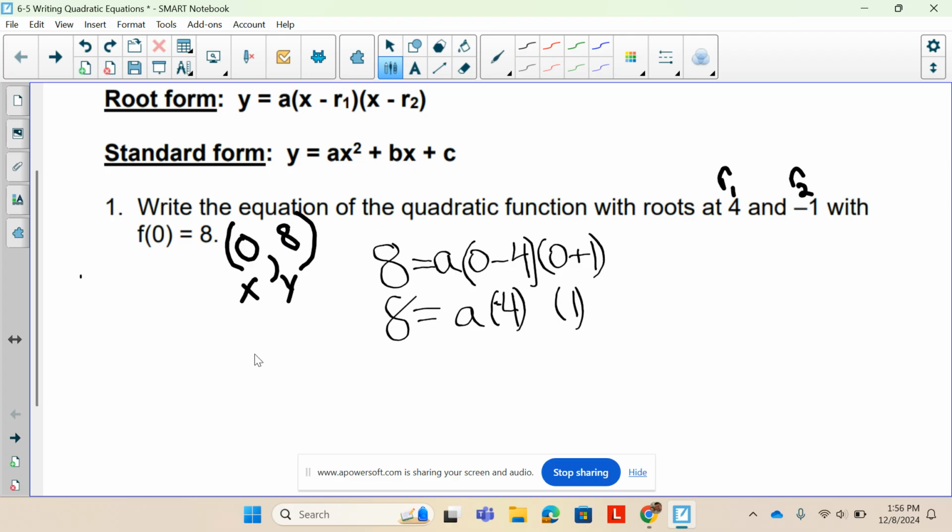Okay, so -4 times 1 gives me -4, and all that would be -4a. So -4 times a equals 8. Then I'll just divide that out, and when I do 8 divided by -4, we get that a equals -2.